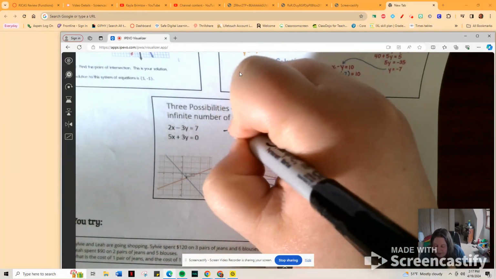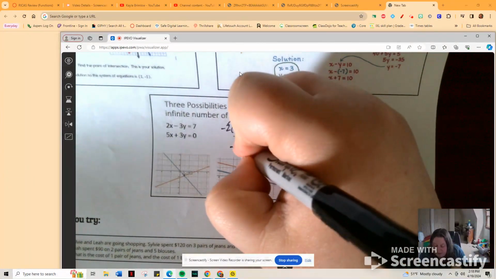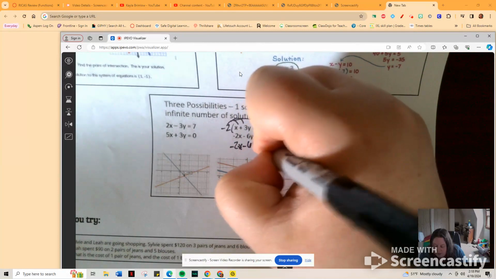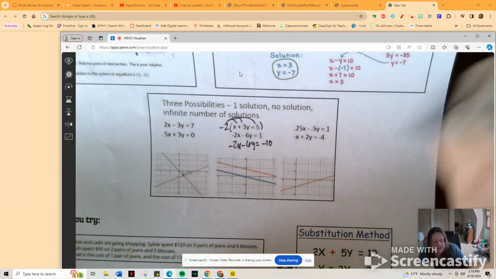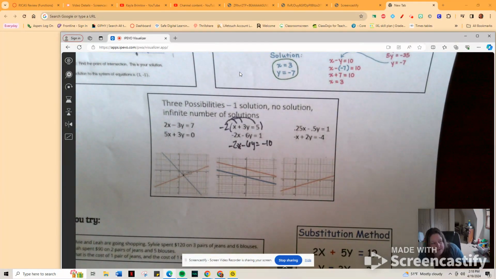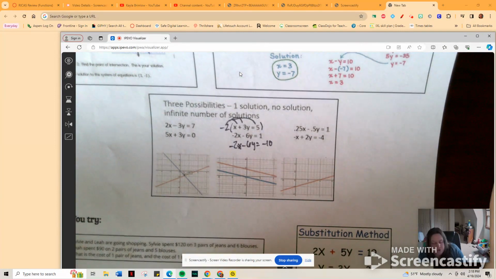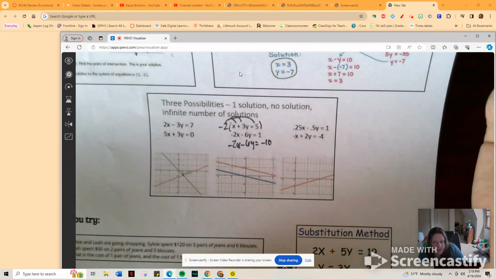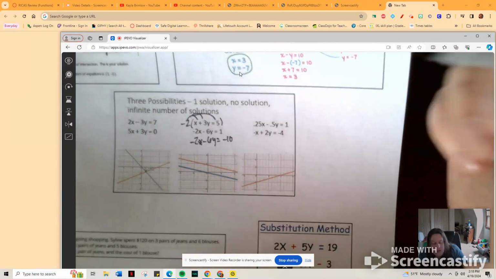So I'd get -2x, and I'm multiplying the whole thing by -2 to keep it equivalent. And that would be -6y equals -10. So notice that -2x and -6y are the same. In slope-intercept form, they'd have the same slope, but these numbers over here are different, and they would end up being our y-intercept. So that would be no solution.